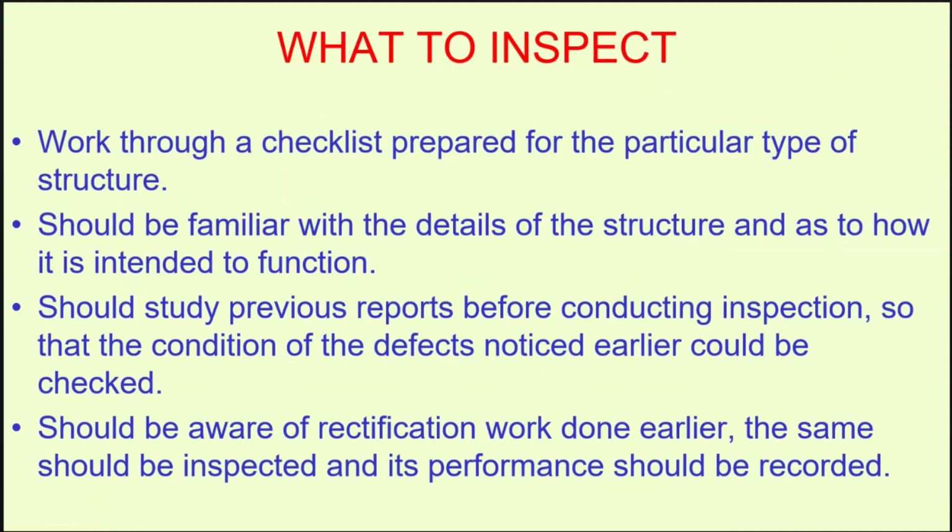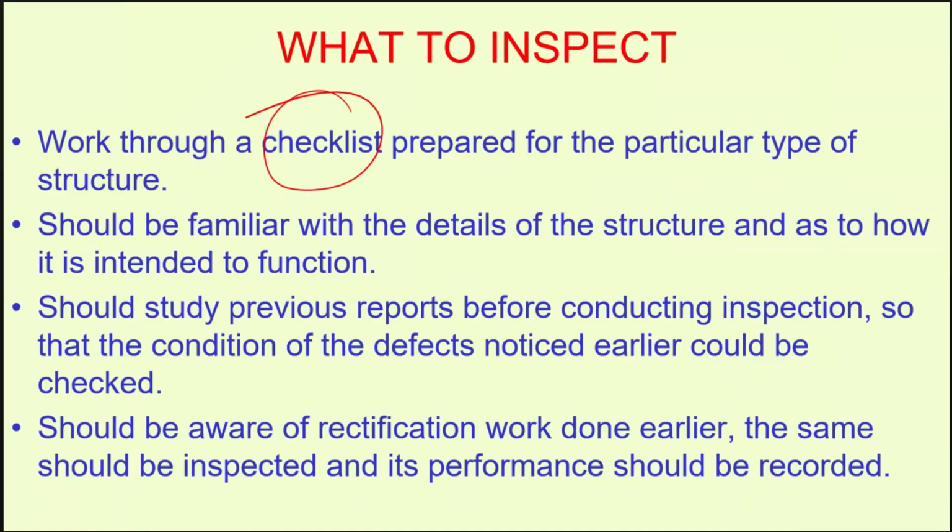The easiest way of planning for any inspection is to have a checklist. So you need to prepare a checklist, and once you prepare it, it will be easy for you to do the inspection. When you are preparing a checklist, you have to prepare it for a different type of superstructure, different type of bridge and different type of material component. For substructure you have different material, for superstructure it will be different material, and so on.